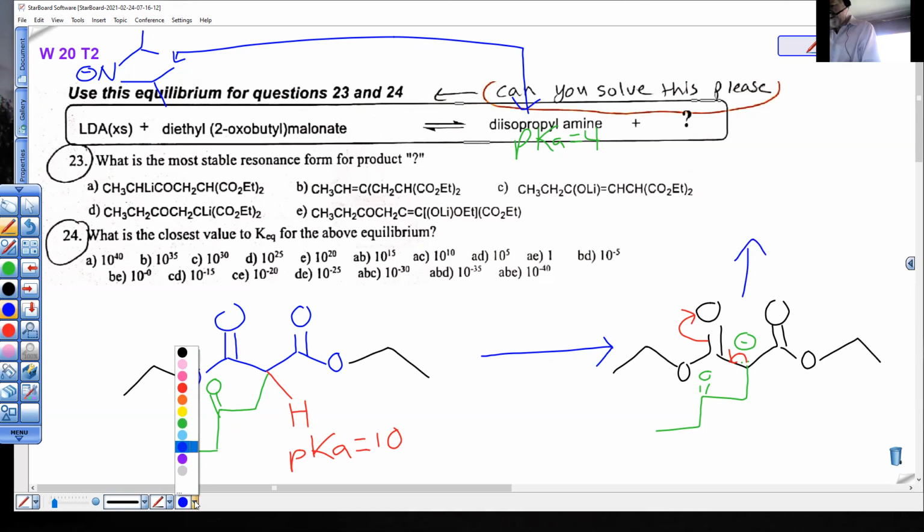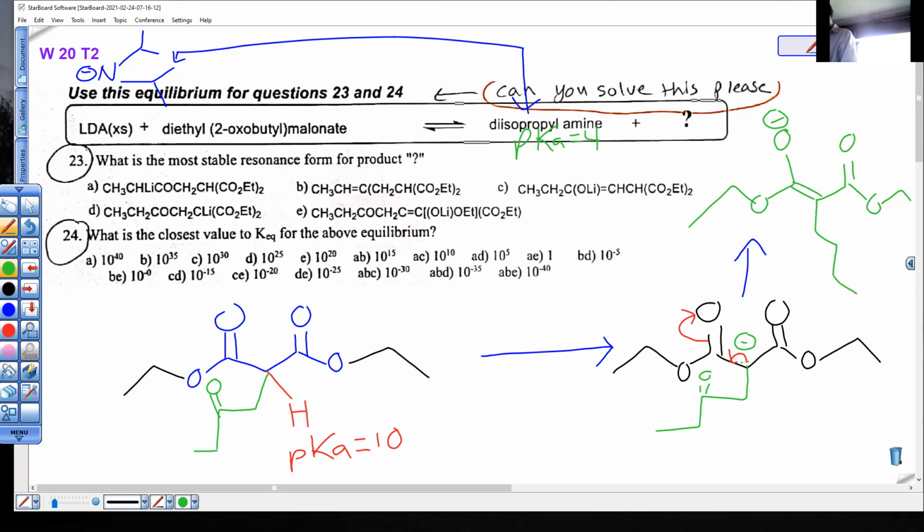And let's just go with a green product. So we like an O- there, double bond, and 1, 2, 3, 4.